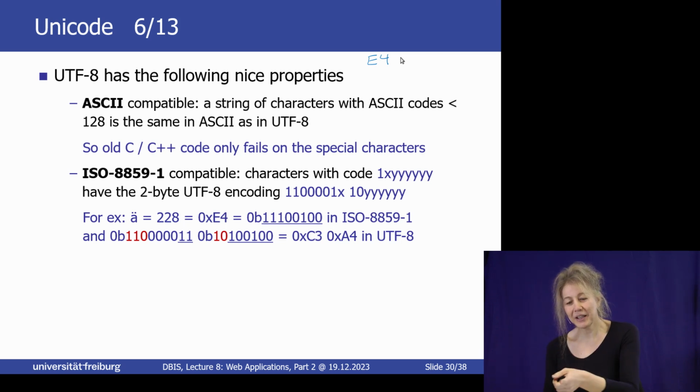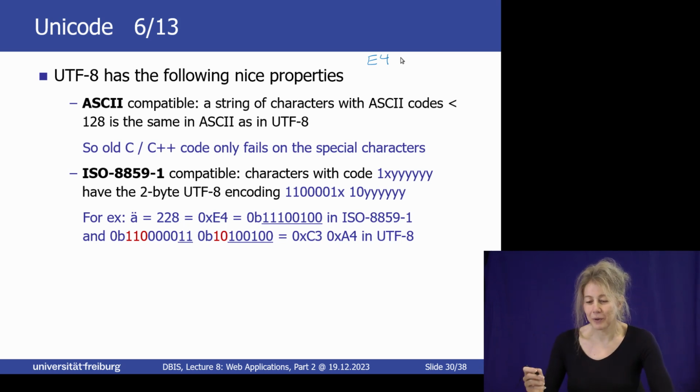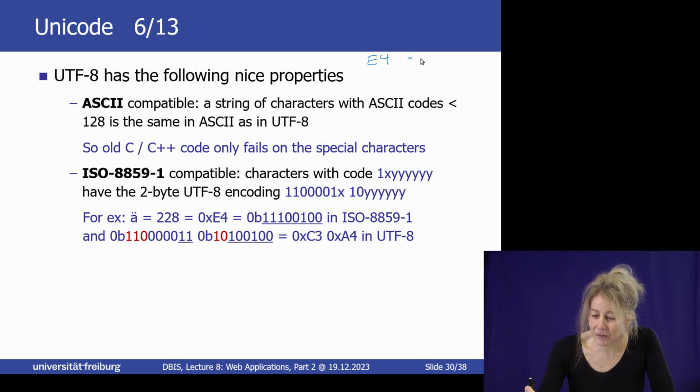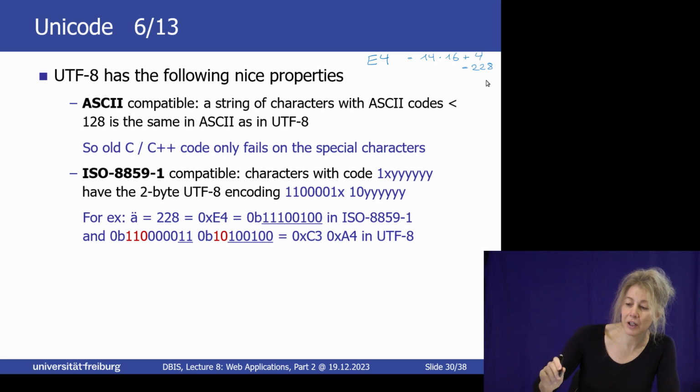A is 10, so E is 14. You could multiply 14 times 16, right? E is 14, yes? So this is 14 times 16 plus 4. What's 14 times 16? 224. So it's 228 in decimal, and then I could convert the 228 to binary again.